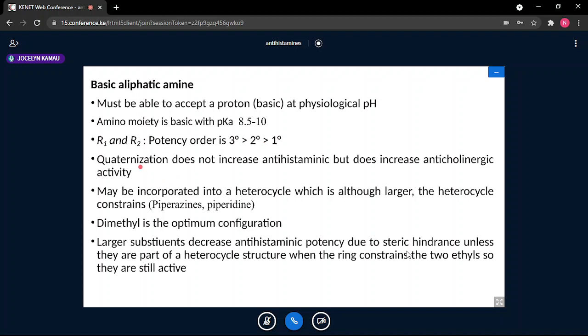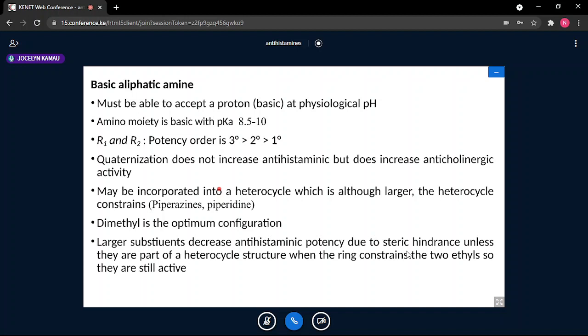Quaternization, that means making it quaternary, whereby now it has 4 substituents, does not increase antihistaminic activity, but increases anticholinergic activity. Again, remember, the drugs that will bring anticholinergic activity will have structural resemblance to acetylcholine.